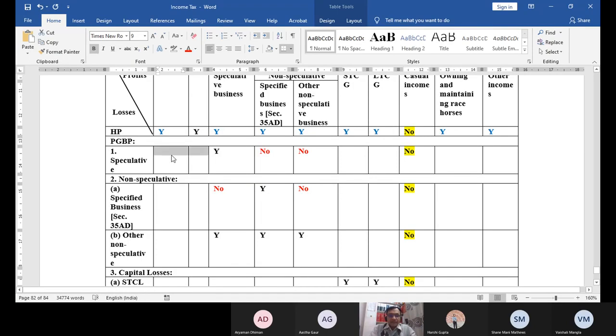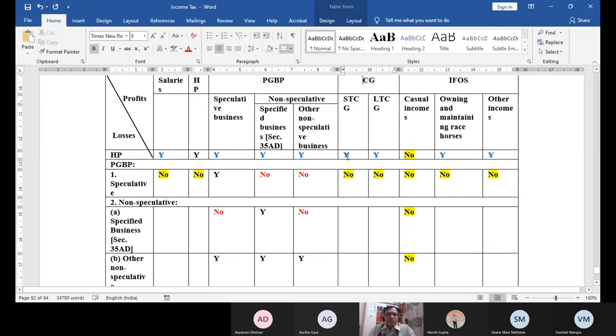Against any head, you cannot adjust it. Similarly, in non-speculative business losses under section 35 AD, in fact within intrahead there were restrictions. 35 AD losses were allowed to be adjusted only against 35 AD profits and not even against other profits of PGBP. So how can these be allowed in interhead adjustment? It is not allowed.